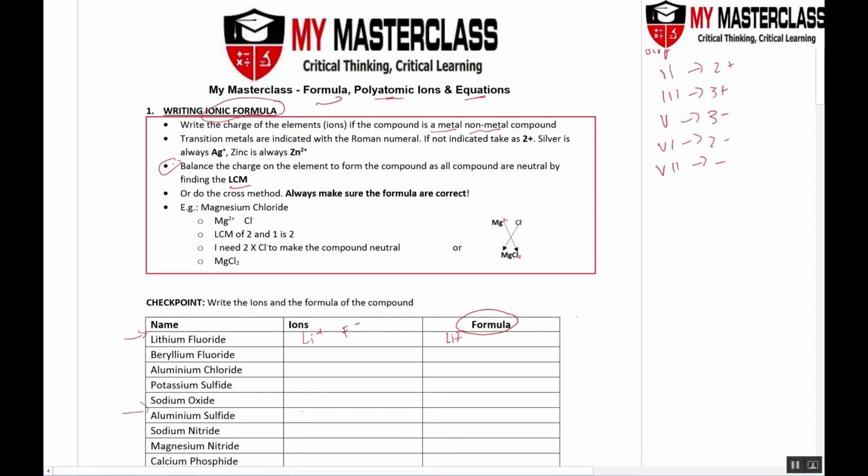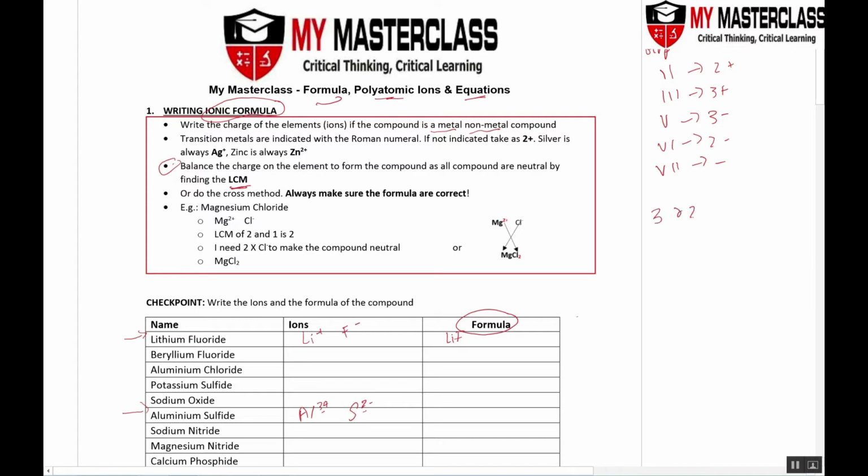A common example that we have could be aluminium sulfide. If you look at your periodic table, aluminium is under group 3 and forms Al3+, and sulfur will form S2- because it's under group 6. Looking at these two ions, one has a charge of 3 and the other a 2, so find the common LCM.